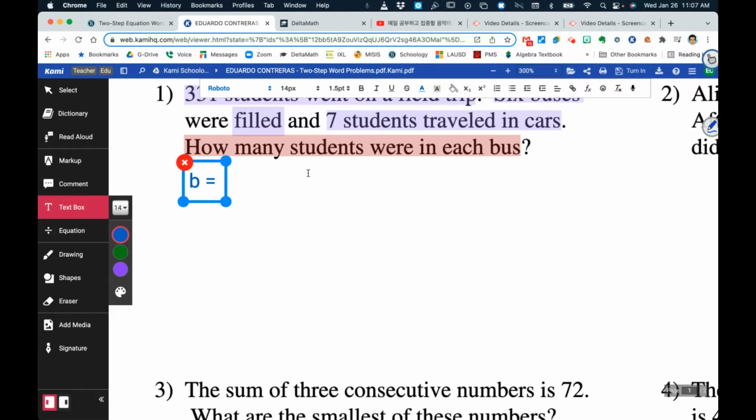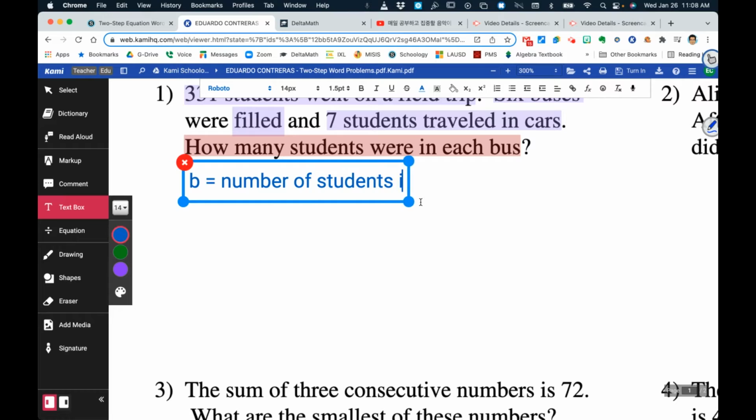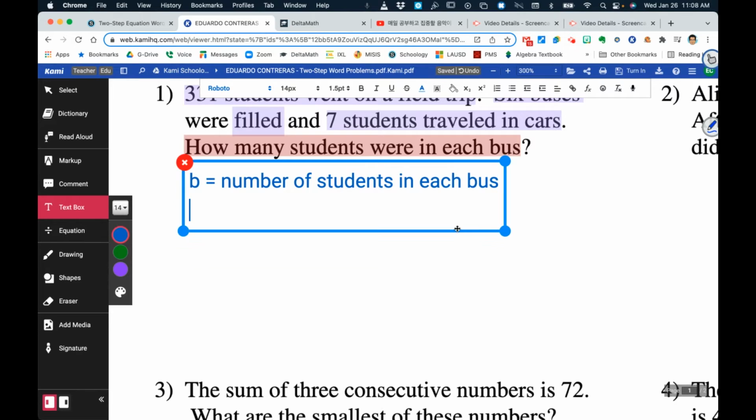How many students went into each bus? Yes. Just go back to your question, and that's what the variable is going to represent in 99% of the cases. How many students were in each bus? B represents the number of students in each bus. That's what we have to answer.